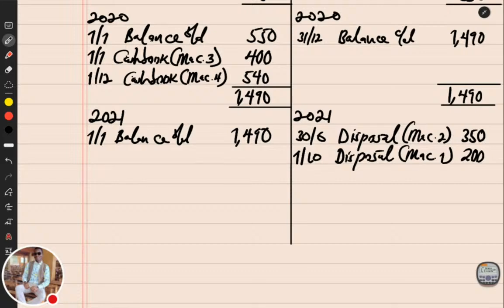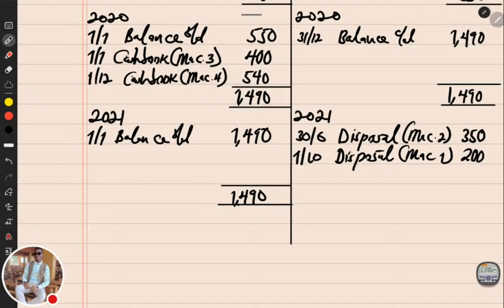So for the debit side, you realize that we have still the total of what? 1,490. But for the credit side, we have the total figure of what? 550. So that means the credit side is lesser than the debit side. So the difference should go to what?